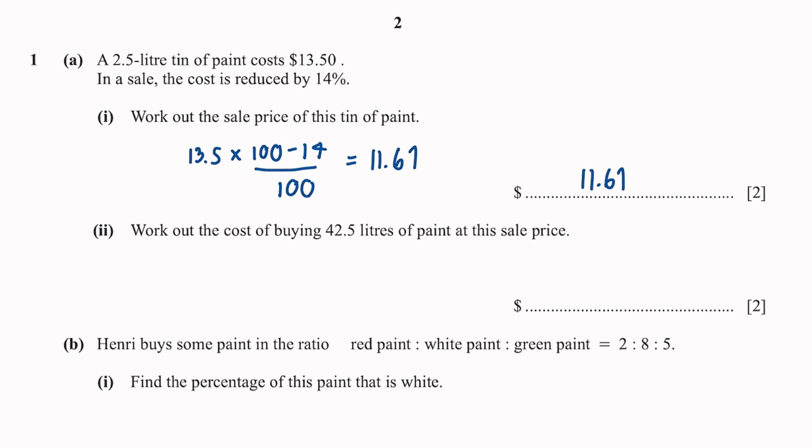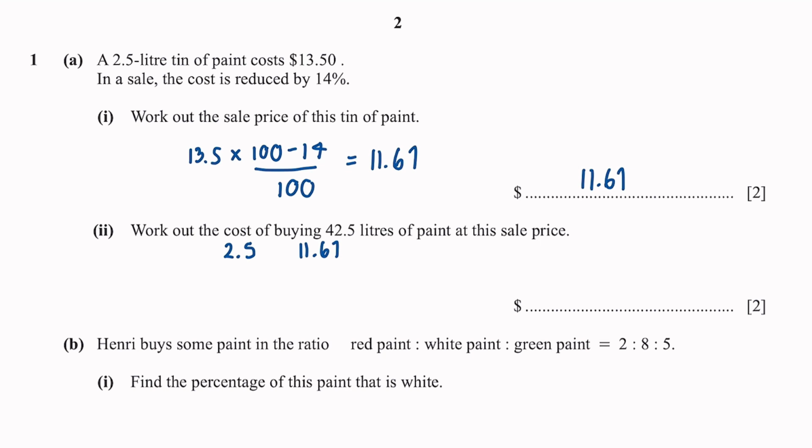Work out the cost of buying 42.5 liters of paint at this sale price. So from the previous calculation, 2.5 liters costs $11.61.